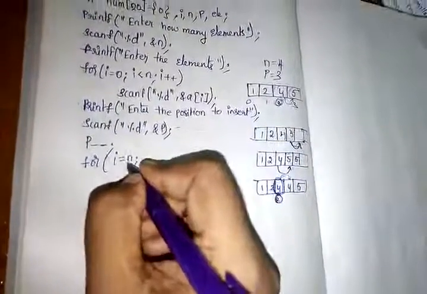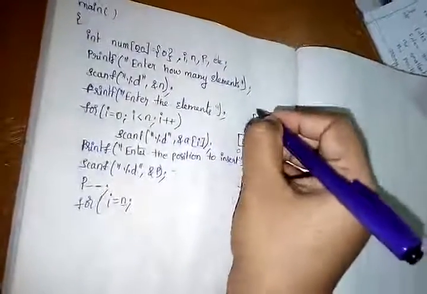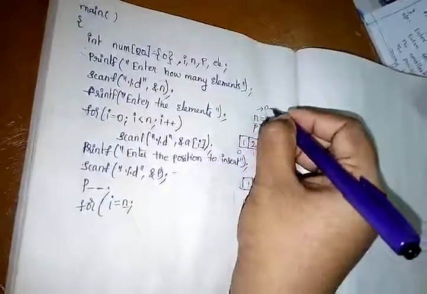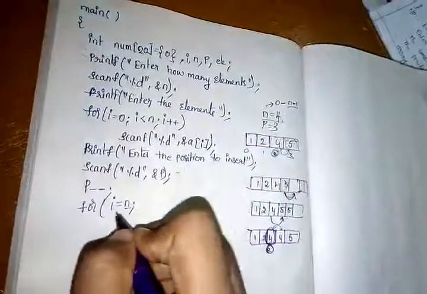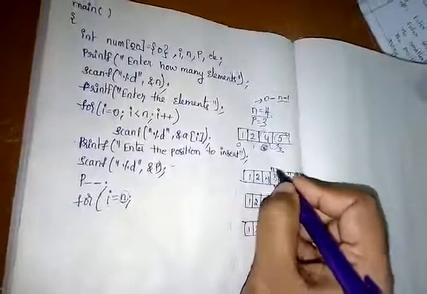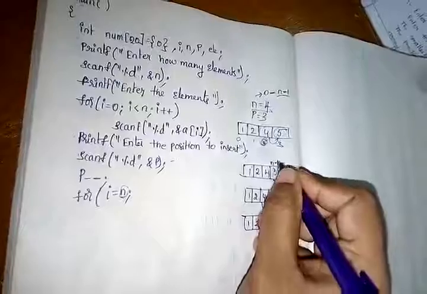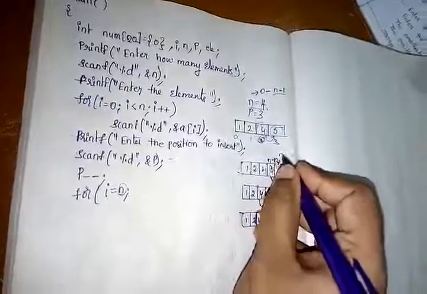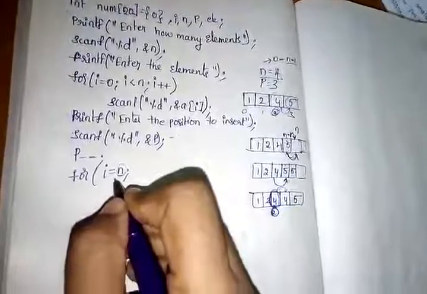If we take the value of n as 4, we are going to get the indexes in the range 0 to n-1, but we are taking the i value as n because we are going to move the n-1 position element into the next position, that is n.